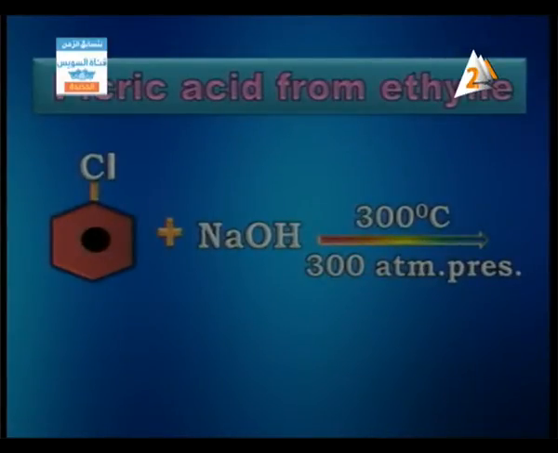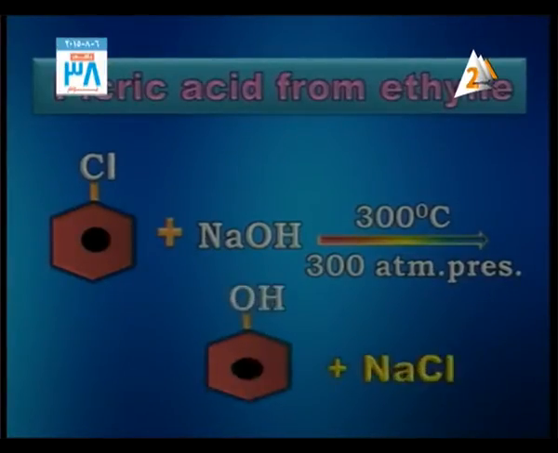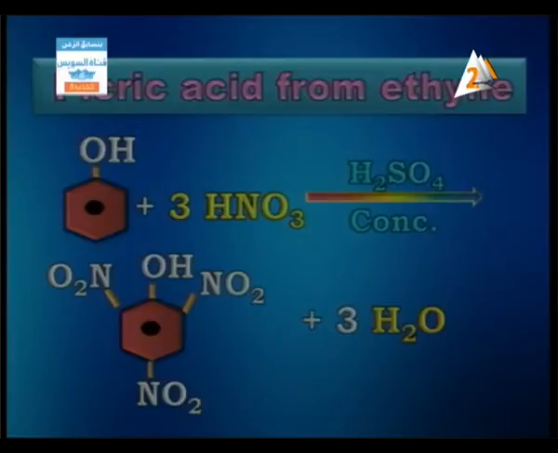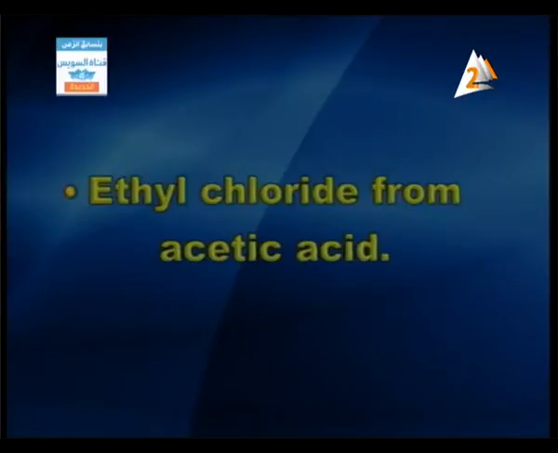Then chlorobenzene, when reacted with sodium hydroxide at 300 degrees Celsius and 300 atmospheric pressure, gives phenol and sodium chloride is produced. Then phenol, on trinitration with 3 molecules of concentrated nitric acid in the presence of concentrated sulfuric acid, gives picric acid, 2,4,6-trinitrophenol, releasing 3 molecules of water.